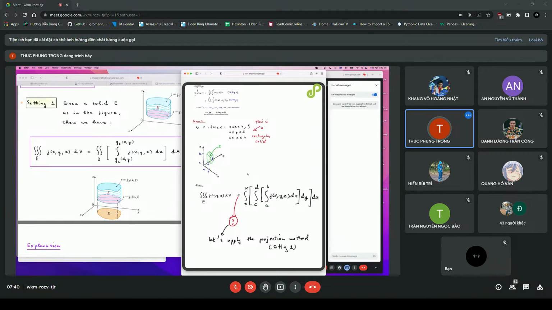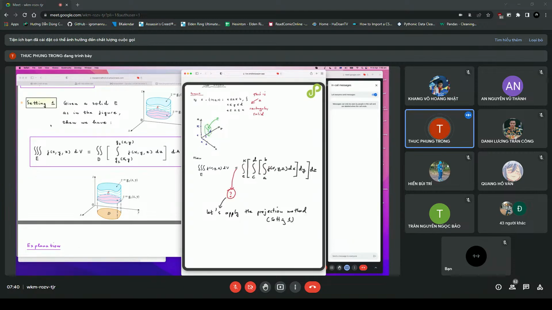In order to apply the projection method, in the first setting, you need to know 3 things. First the domain D, then the function z1 of x, y, and then the function z2. What do we have for D? In our example, D is the projection of the whole solid onto the plane xOy.